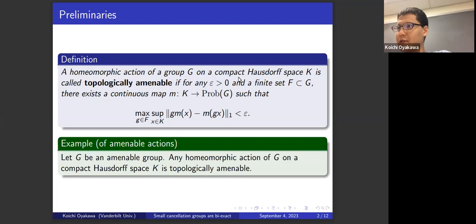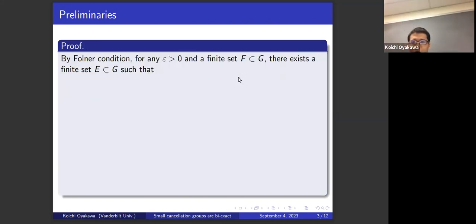So I will explain the proof. The proof is not difficult, using the Følner condition of an amenable group. And this is the only proof I will explain today. So given a positive real number epsilon and a finite subset F of G, by the Følner condition, we can find a finite subset E that is almost F-invariant.